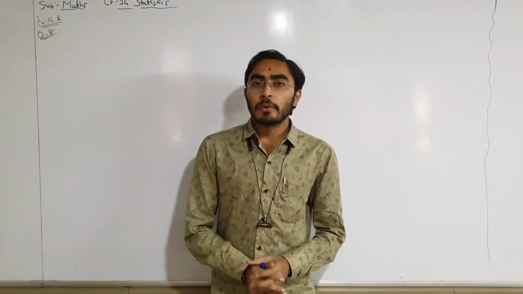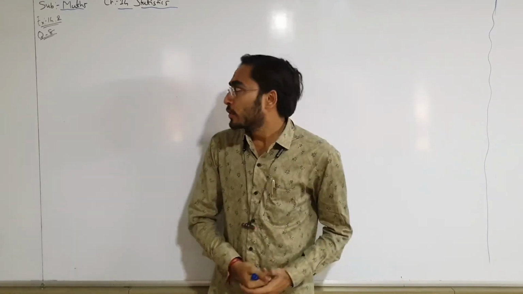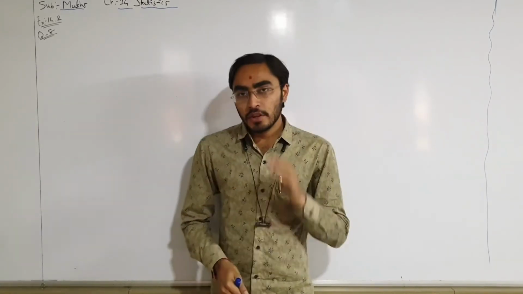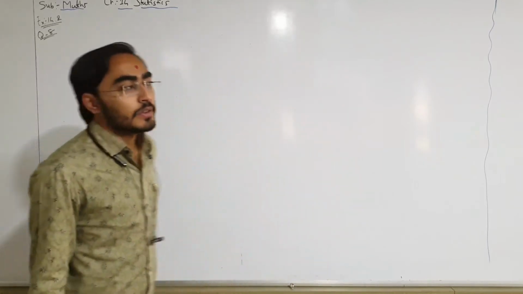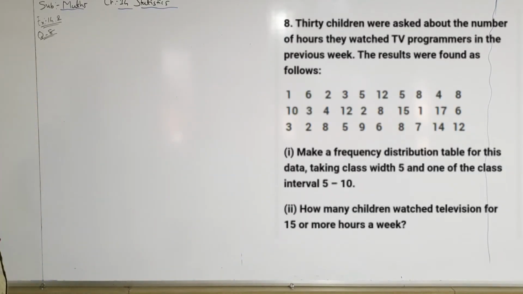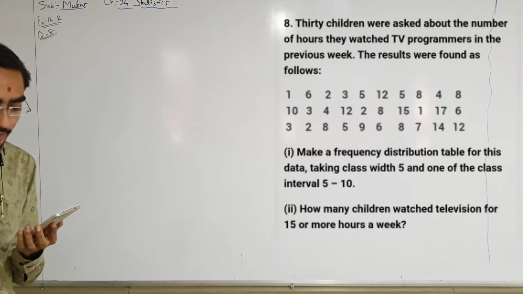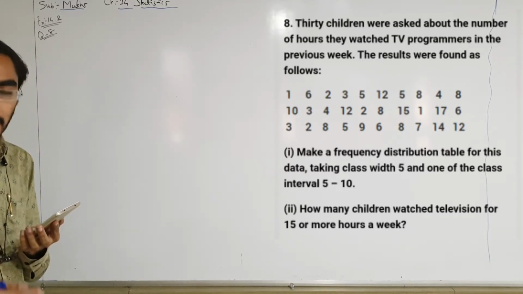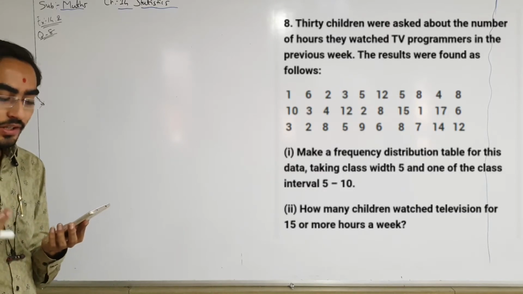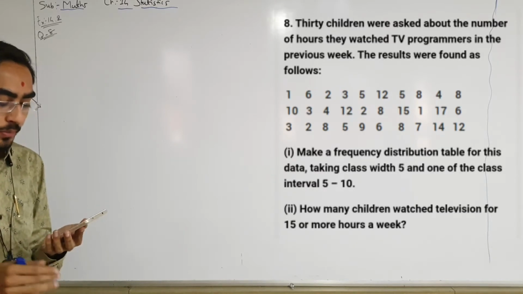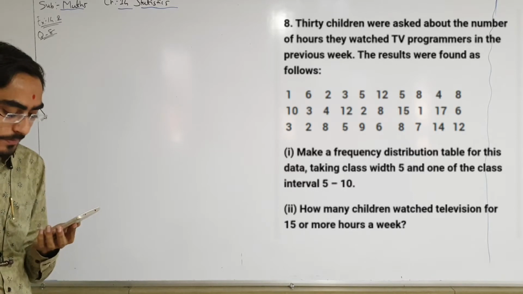Now let's move forward. Exercise 14.2, question number 8. First of all, read this question. Here, 30 children were asked about the number of hours they watched TV programs in the previous week. The results were found as follows: 1, 6, 2 and likewise.